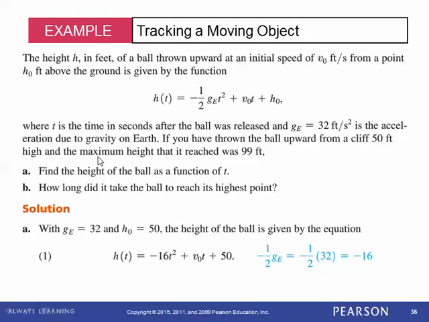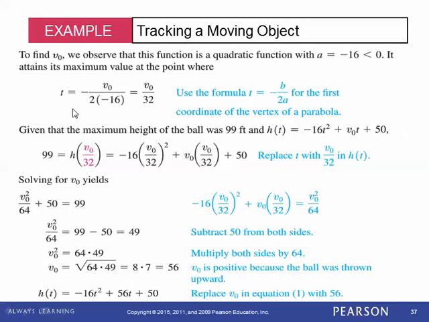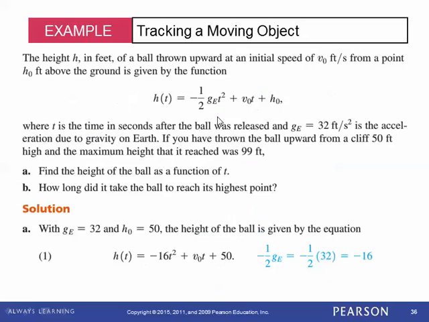If it reached a maximum height of 99 feet, what does that mean? Hey, that's that little formula, isn't it? h is equal to negative b over 2a. So if that's the case, we can plug in this right here, except in this case it's going to be in terms of t.